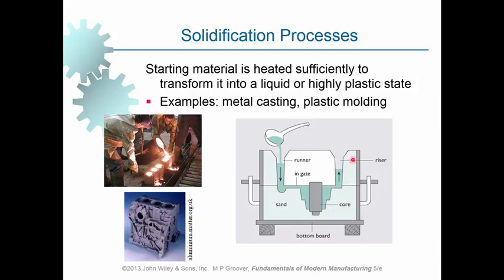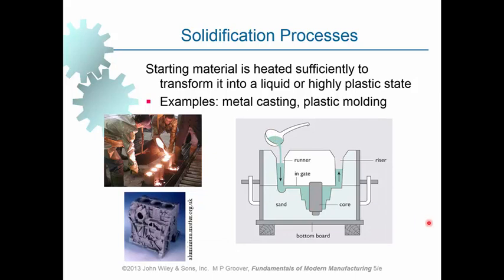As we can see here, sand is packed in a way that a cavity is accommodated in it by making use of a model, and the cavity is filled in with molten material. When it solidifies, it will have the desired shape and geometry.